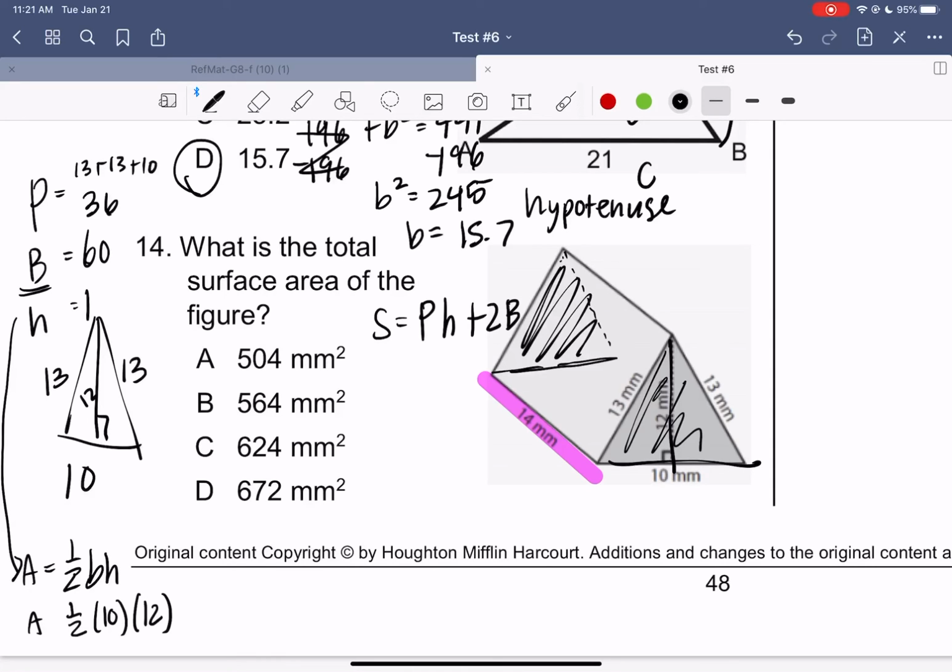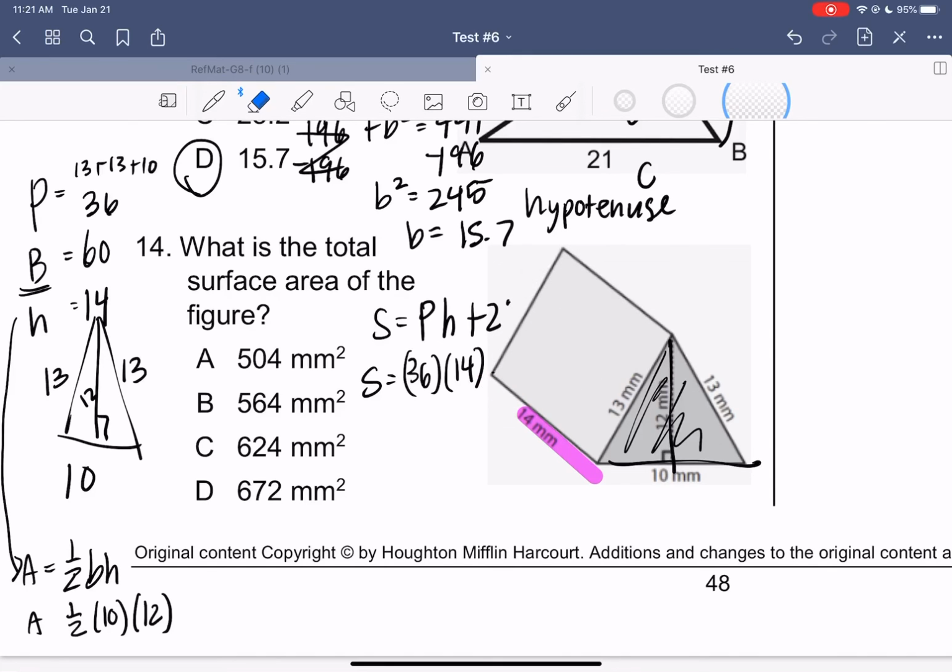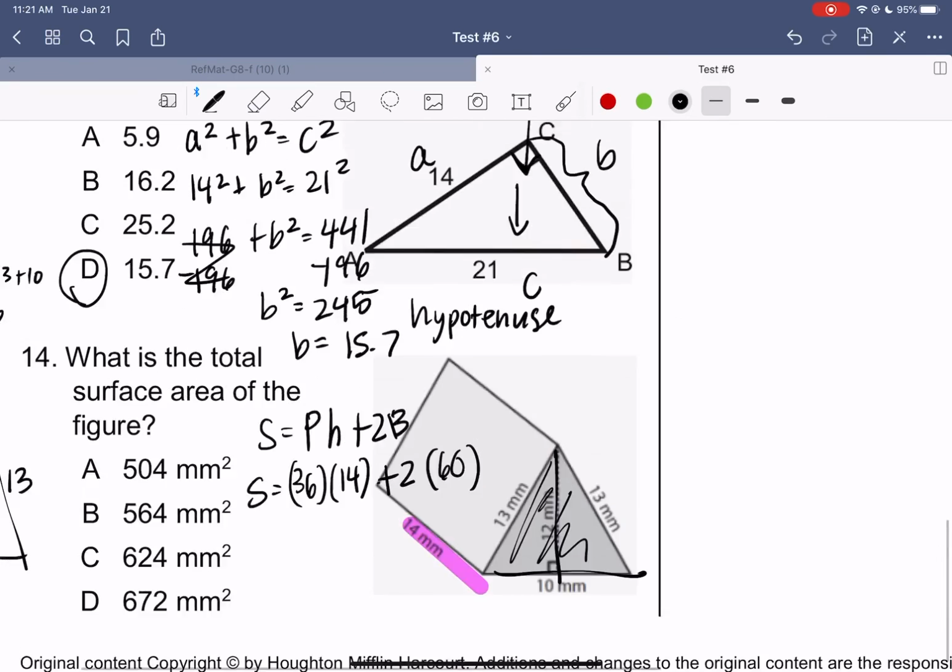And the height is going to be 14. And then when you substitute, we'll have S equals 36 times 14 plus 2 times the area of the base, which was 60. And then you'll be able to get that number.